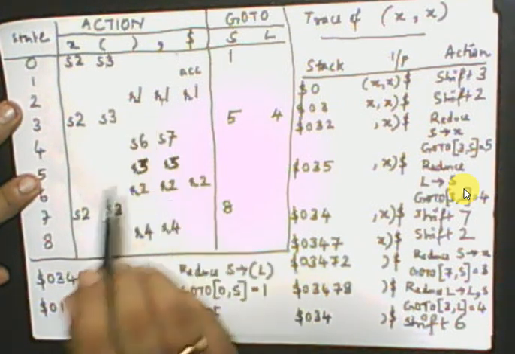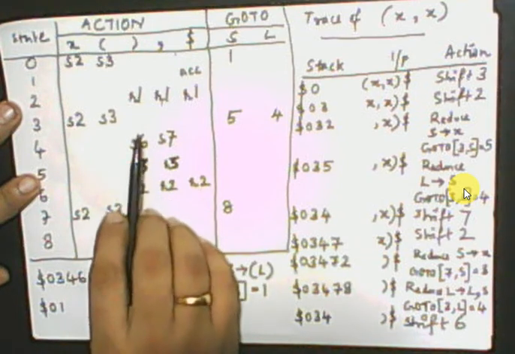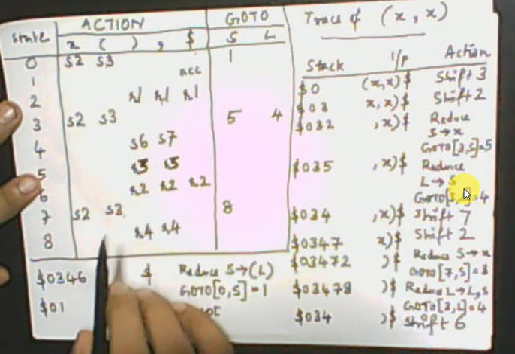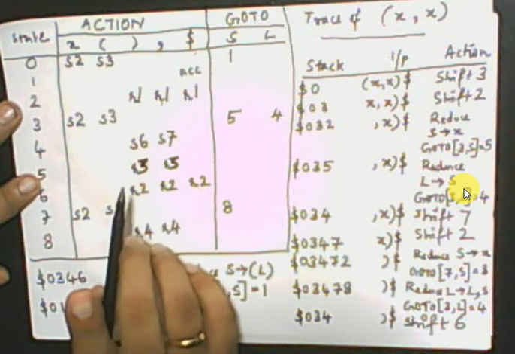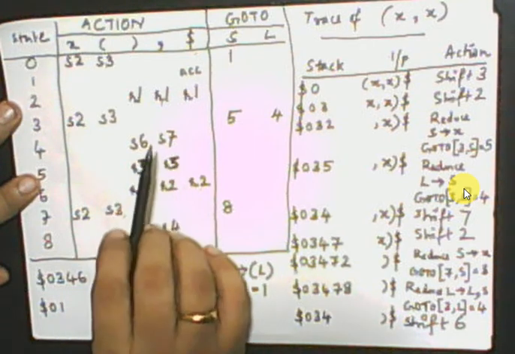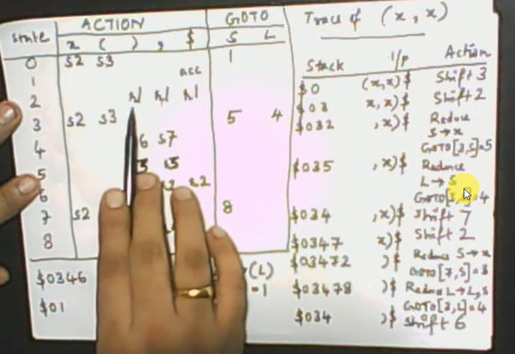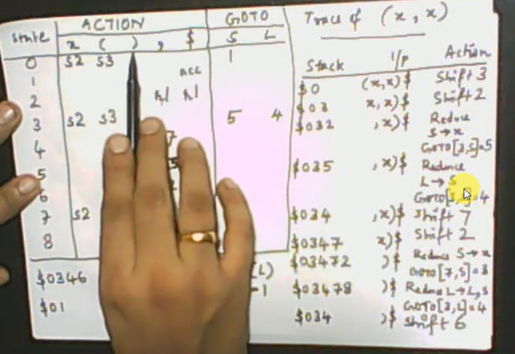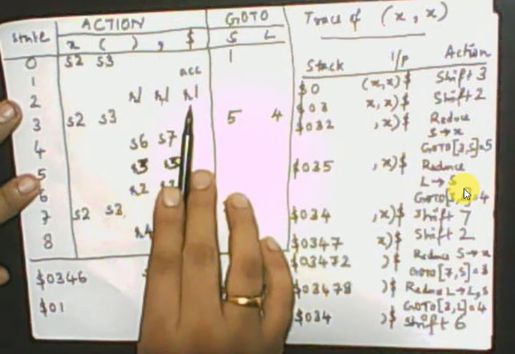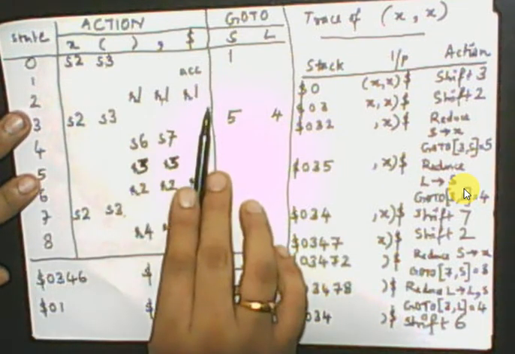Whichever is on the left hand side of that production, only for the terminals in the follow set of that left hand side will you have those reduction operations. So it is not across the whole thing, it is again restricted.